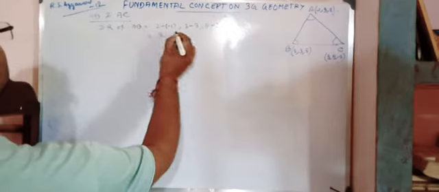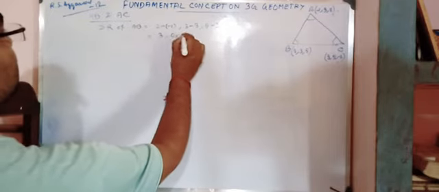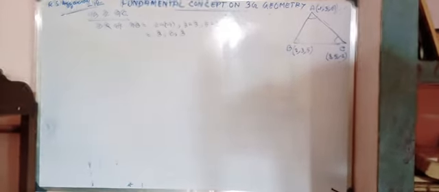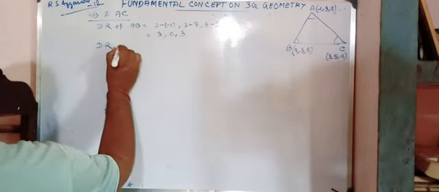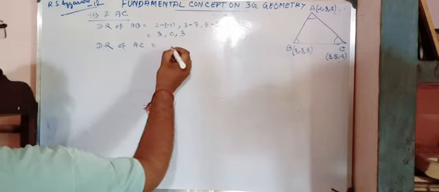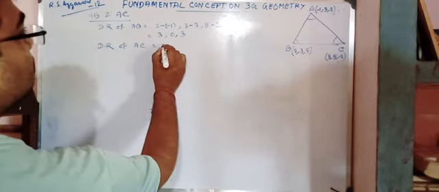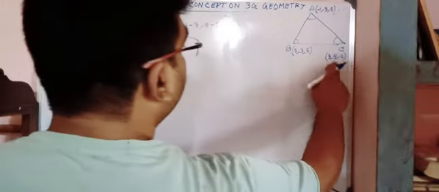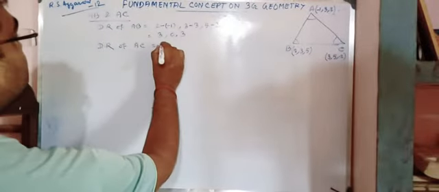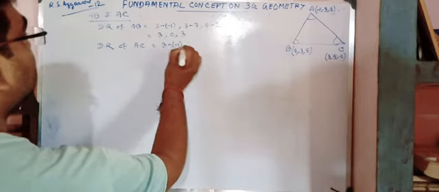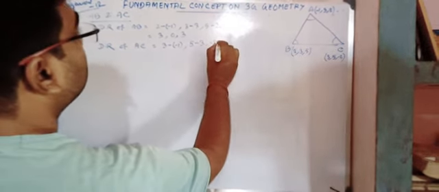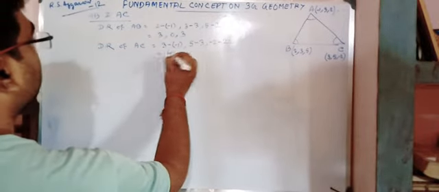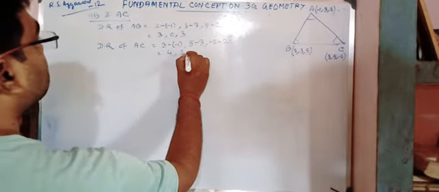That is 3, 0 and 3. This is the direction ratio of AB. And the direction ratio of AC is this coordinate minus this coordinate: 3 minus of minus 1 is 4, 5 minus 3 is 2, and minus 2 minus 2 is minus 4.